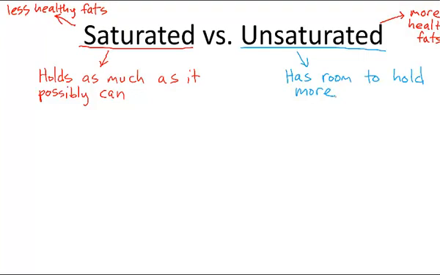So to go with the business analogy, if you say the market is already saturated, that means you're going to have a hard time selling the thing you want to sell because everyone already has one. Whereas if it's an unsaturated market, you can find people who don't have it to sell it to. But in chemistry, when we talk about saturated versus unsaturated, we're talking about hydrogens.